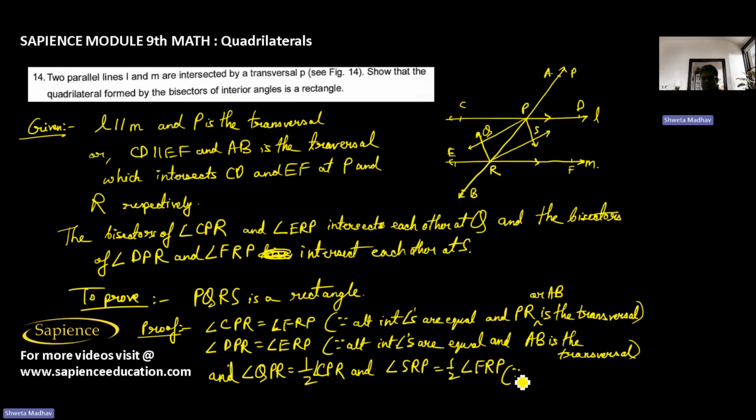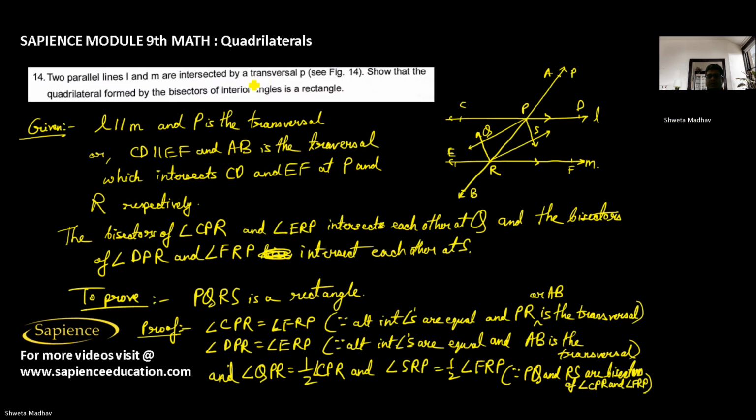The reason is that it is given that PQ and RS are bisectors of angle CPR and angle FRP, which is given.